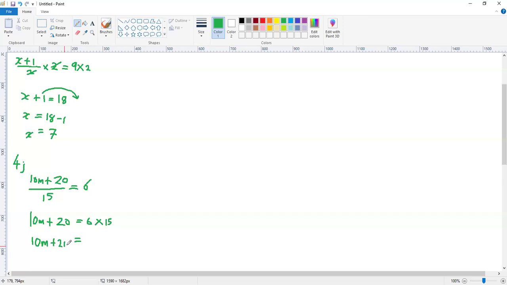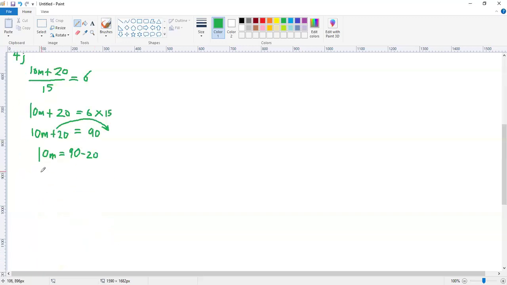And then, of course, eventually we'll have to move the 20 to the other side, the same thing that happened to the 1 in that other question, so that it will become 10m equals 90 minus 20. So that's 70. And of course, for this one, we have to divide both sides by 10, isn't it? Okay.